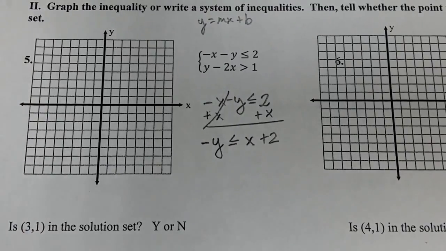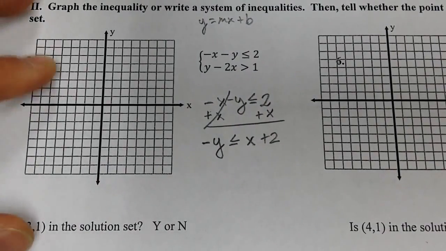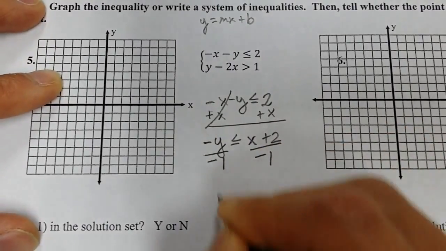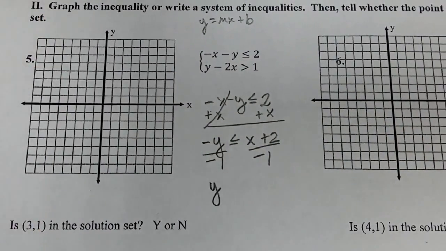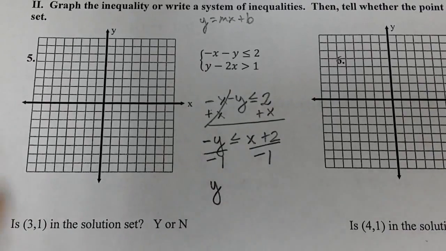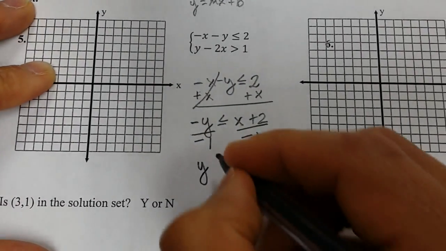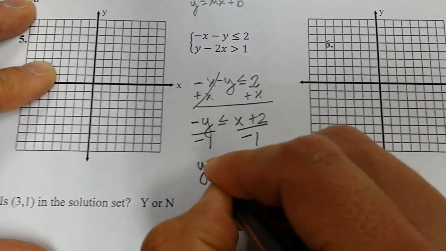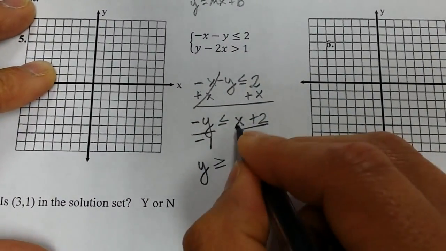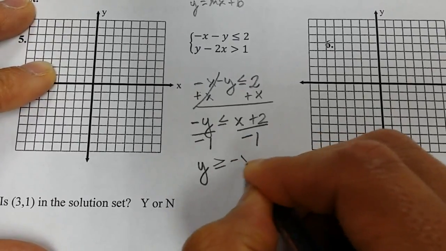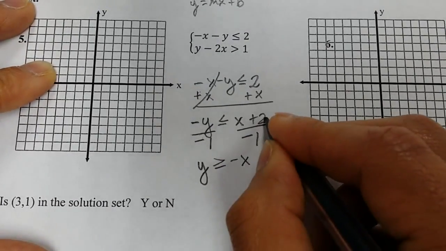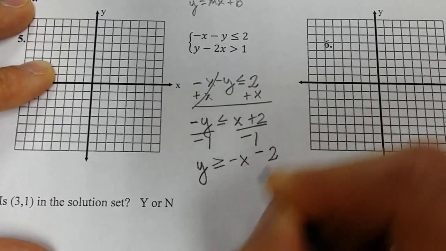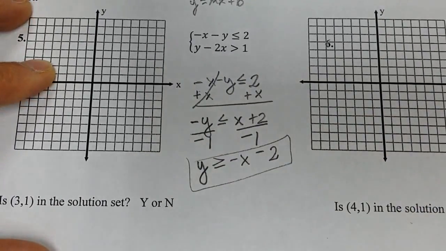Now we don't want negative y, we want positive y, so we have to divide both sides by negative 1. Please keep in mind that when you divide by a negative, the symbol reverses. So from less than or equal to, it becomes greater than or equal to. X divided by negative 1 becomes negative x. Positive 2 divided by negative 1 becomes negative 2. So that's one of my new equations.